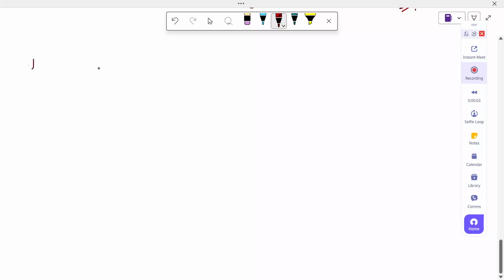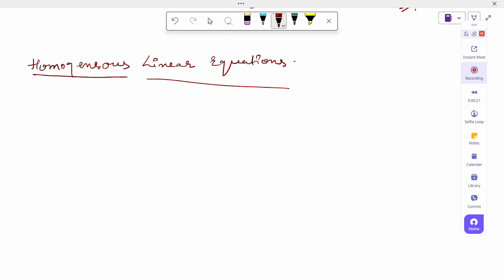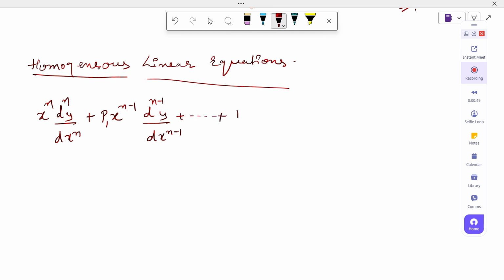Next is homogeneous linear equations, where the whole equation is going to be in the form of x to the power of n d to the power of n y by dx to the power of n, plus p1 x to the power of n minus 1 d to the power of n minus 1 y by dx to the power of n minus 1, then plus so on, plus pn into y is equal to q of x.